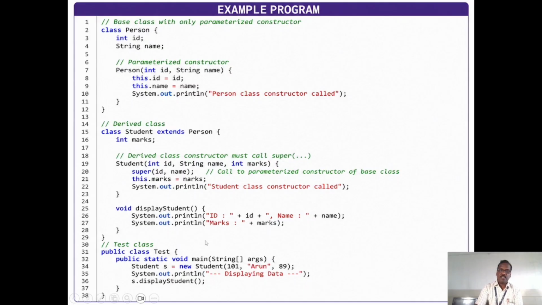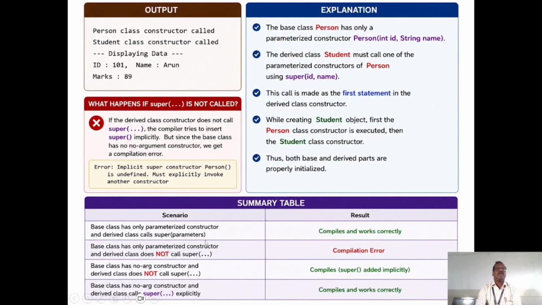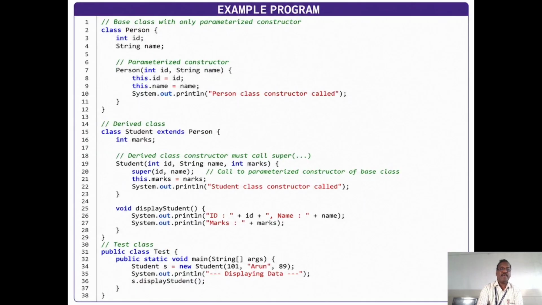Now coming to the results or output here, the base class constructor should be called. So it is invoked, that is person class constructor called, then the second statement is executed, student class constructor. After that I am invoking in the program display student. Display student is a method I defined in this derived class, that is also invoked here.